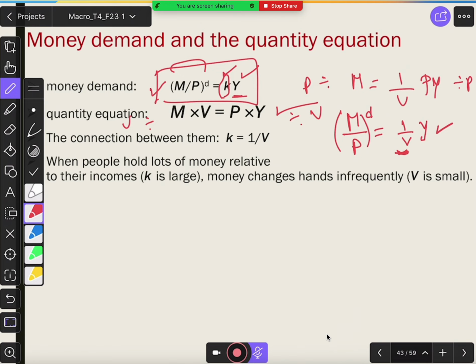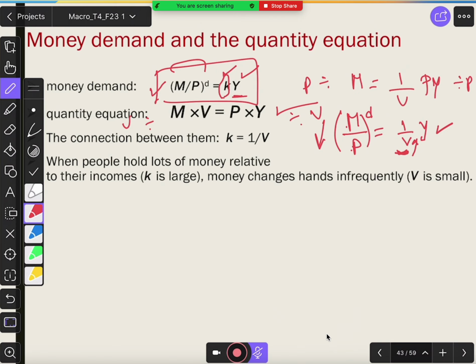So of course, as the velocity of money increases, your demand in real value, because M over P is demand in real value, right? It's not nominal value. Your demand decreases, and I want you to think about it.